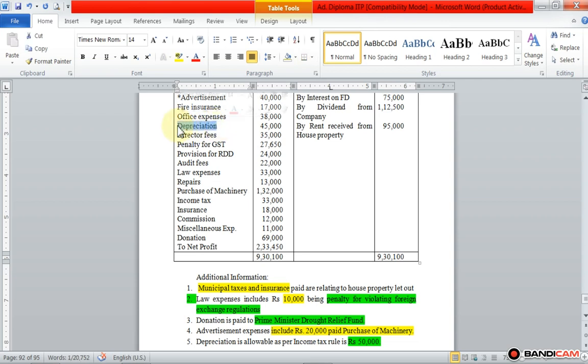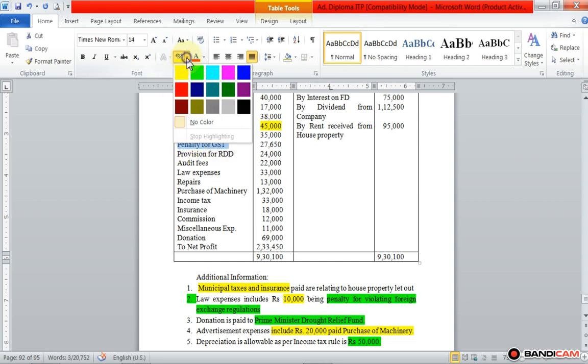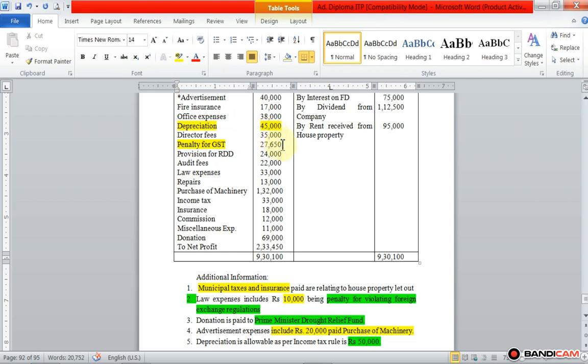So under depreciation, first we add the depreciation charged back to net profit, and then we deduct the allowable depreciation from net profit. So we highlight the depreciation. Then director fees are an allowable expenditure. Penalty for GST: any penalty is disallowed.